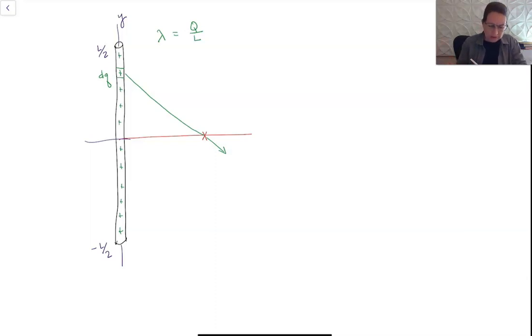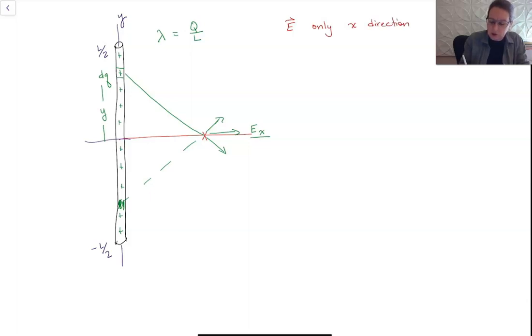At some distance, let's say this is y, at an equal distance down here, there's an equal amount of charge that provides an electric field that points up, right? And so altogether, all we need to worry about is the electric field in the x direction. There will be no component in the y direction. So the electric field is only in the x direction.